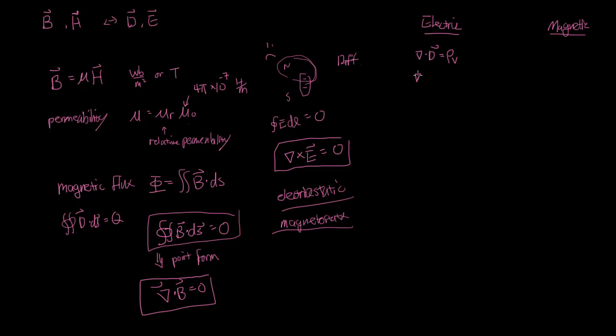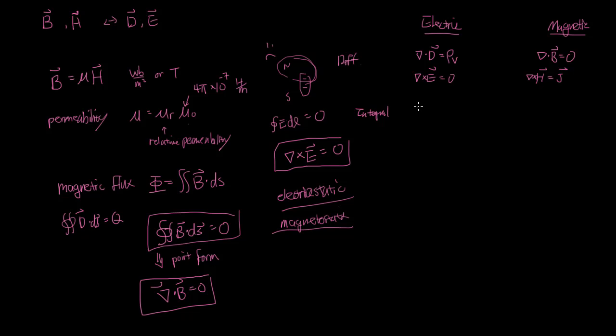And also, we just learned that the curl of E is going to be equal to 0. In the case of magnetic fields, we have the divergence of B is always going to be equal to 0, and the curl of H, which we learned previously, is going to be equal to the current density. Right?